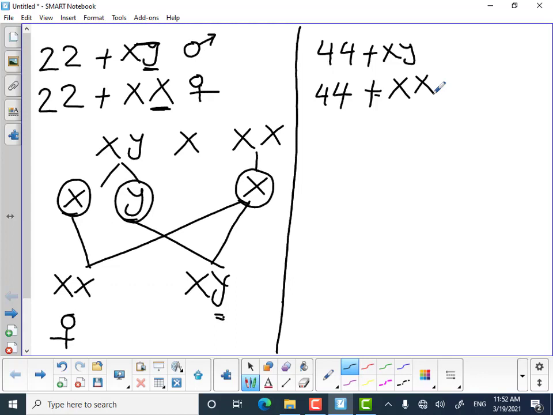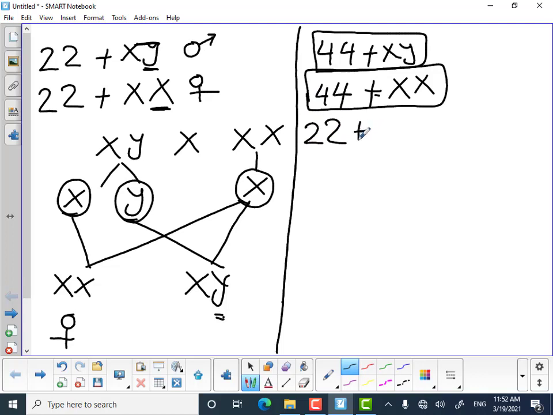This is the number of the chromosomes inside the somatic cells. What is the number of chromosomes inside the gametes, inside the ovary, the ova, and inside the testis?